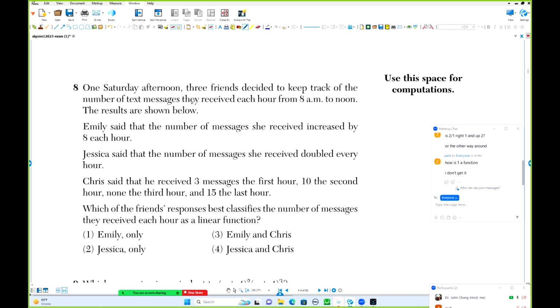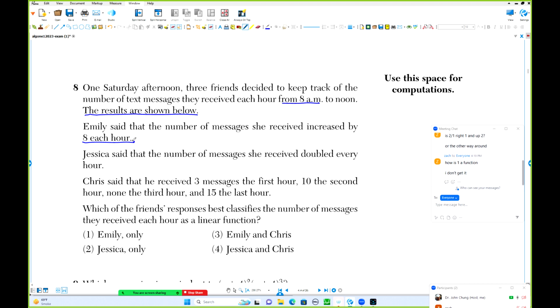The next one: one Saturday afternoon, 3 friends decide to keep track of the number of text messages they received each hour from 8 a.m. to noon, okay? A period of about 4 hours. So how many text messages? Emily said the number of text messages she received increased by 8 each hour.